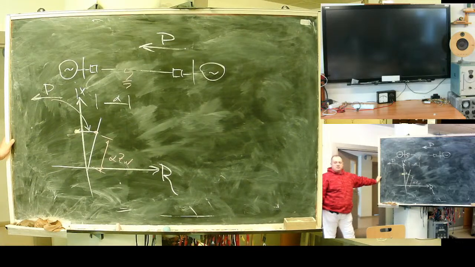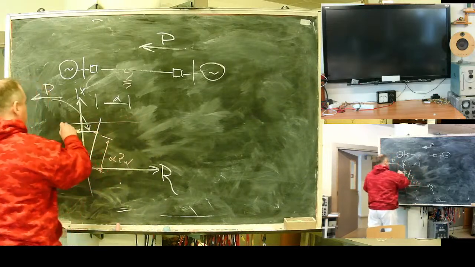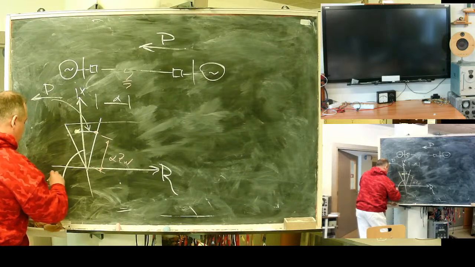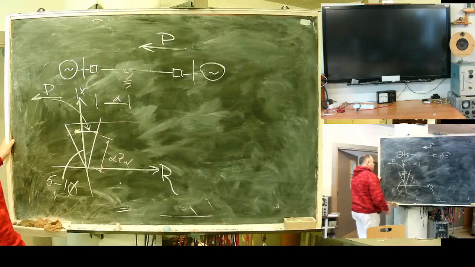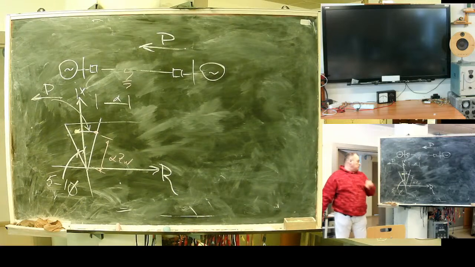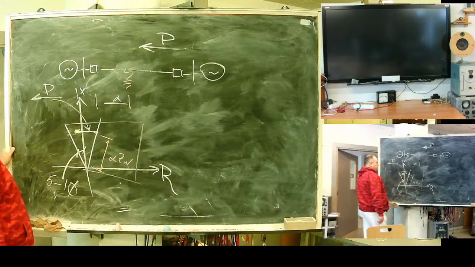To prevent misoperation, from 5, 10, maybe even 15 degrees angle is added to the left border of characteristic.